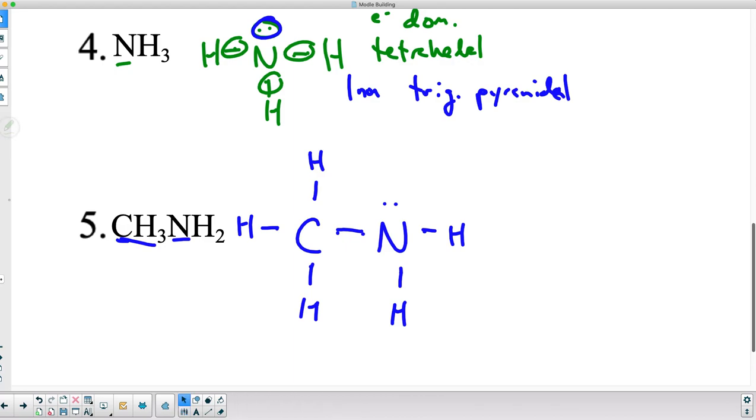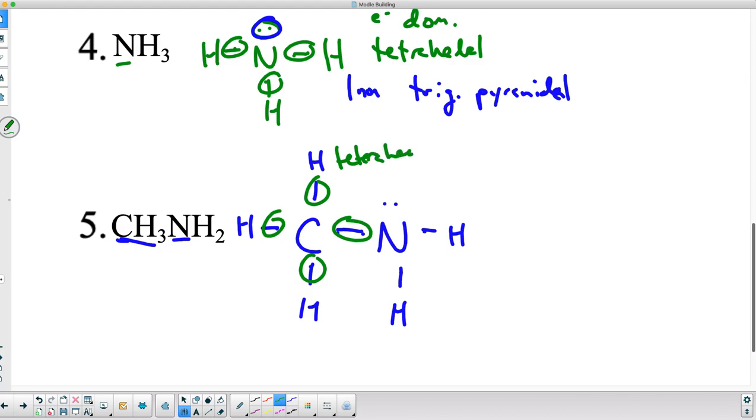Now, if I'm looking at the electron domain geometry for the first carbon, that's going to be 1, 2, 3, 4. So that's going to be tetrahedral. And because there are 0 non-bonding, that's going to be tetrahedral again. Okay, so for carbon, it's tetrahedral, tetrahedral.